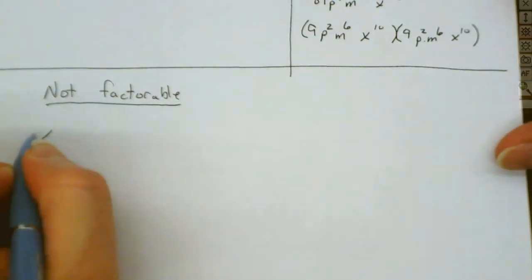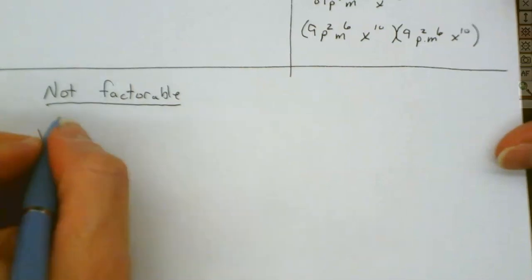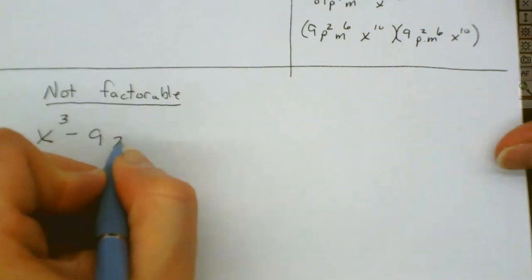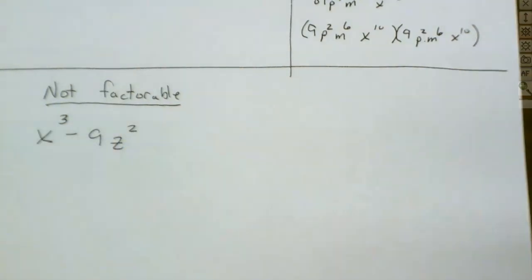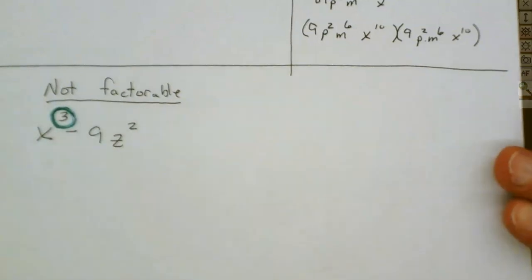Why is this one not going to be factorable? How about x cubed minus 9z squared? Why is this one not factorable? If I want to factor it, what do we know? We have to be able to take our exponents and divide by what? 2.